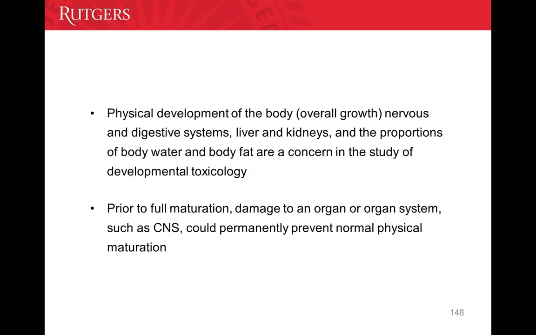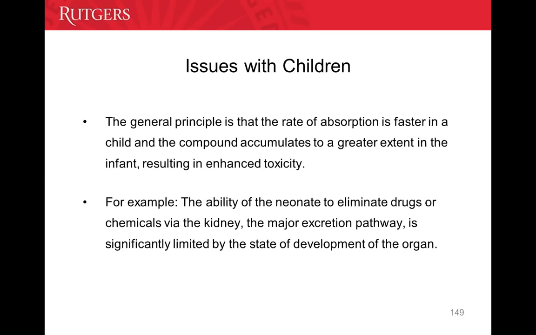One of the challenges, of course, is that as we get to full maturation, we have to wait for the organ systems to mature, such as the central nervous system. These all, as we go forward, can be affected by the environmental conditions or environmental contaminants that we come in contact with. In kids, the rate of absorption is much higher.